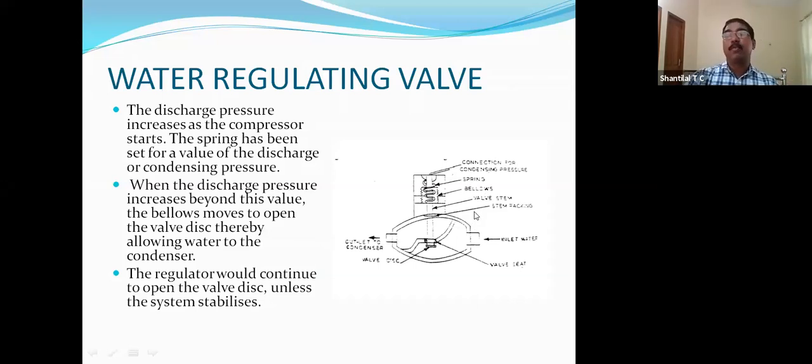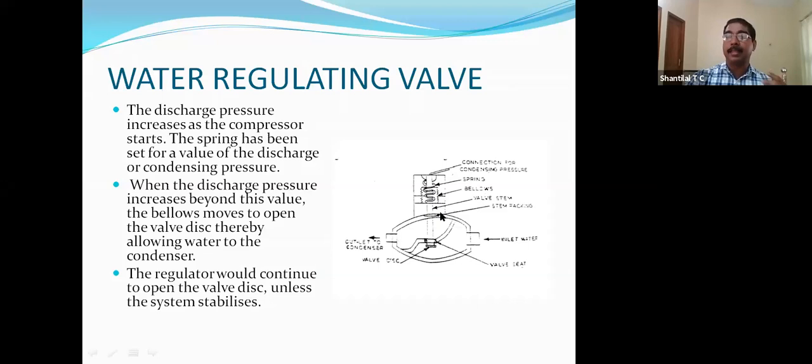That is like the automatic expansion valve. A good example is the automatic expansion valve. In the automatic expansion valve, with respect to the pressure, what happens? The flow is controlled. Like that, here condenser pressure is acting on the top. By that, condenser pressure is of two types: more condensation, less condensation.